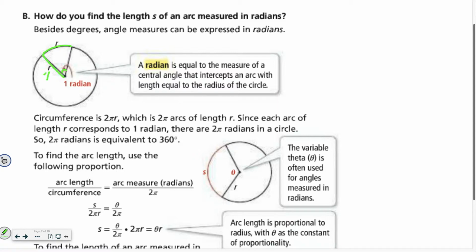So this radius could be 5, and this arc length could be 5, and this would be a measure of 1 radian because my two numbers are the same. So that means if this radius is 2 pi, because sometimes we put pi in there, and this is 2 pi, my answer is 1 radian, okay? So as long as the radius and arc length are the same, you have 1 radian.